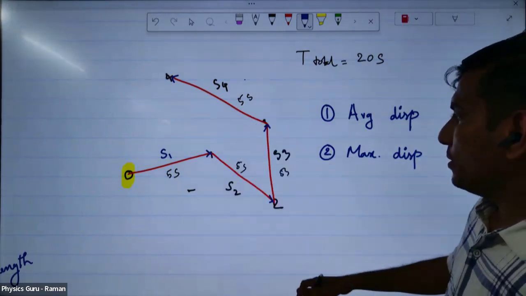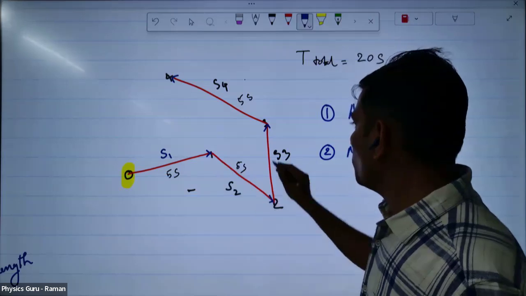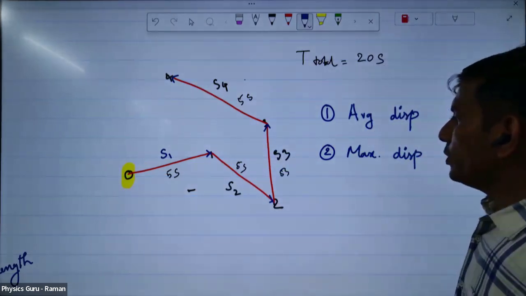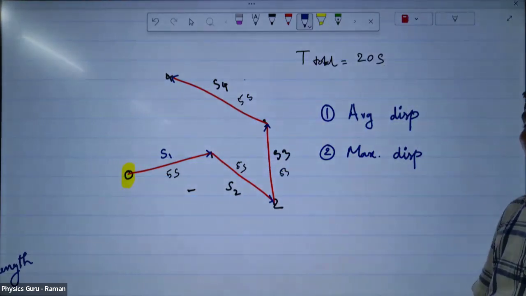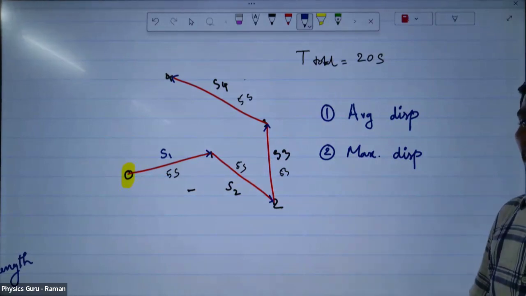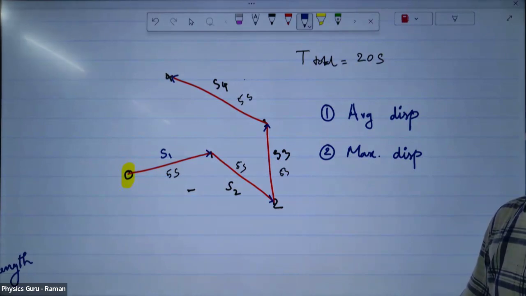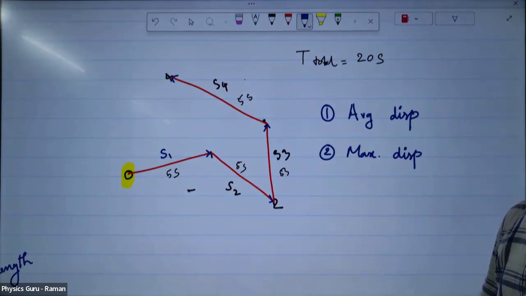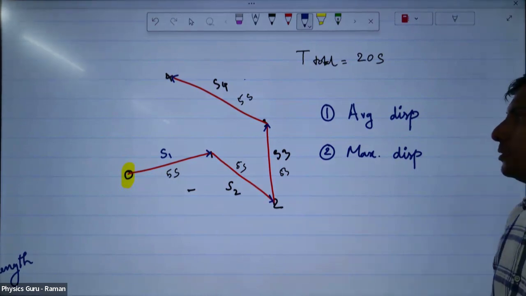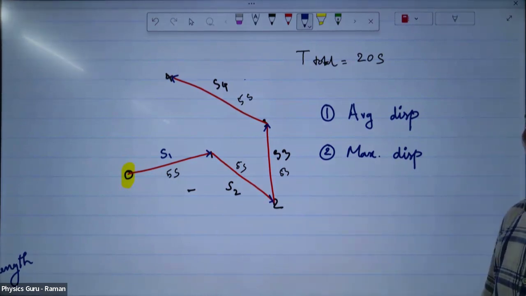Out of these 4 points, let's call them point 1, 2, 3, 4. Which point is far away from the origin? Is it point 1, point 4, point 2, or point 3?